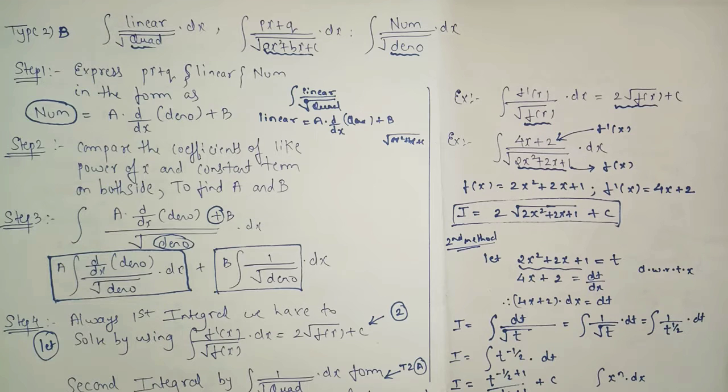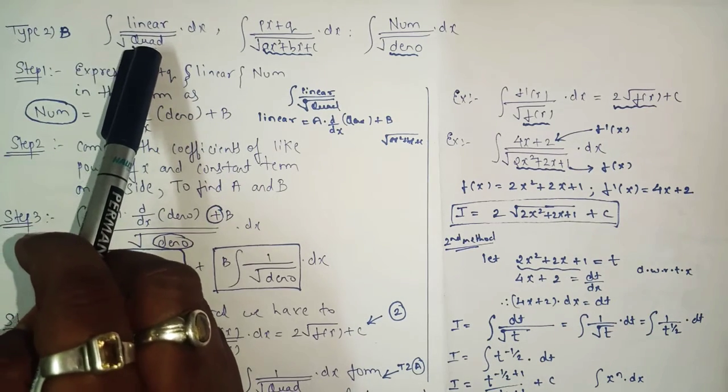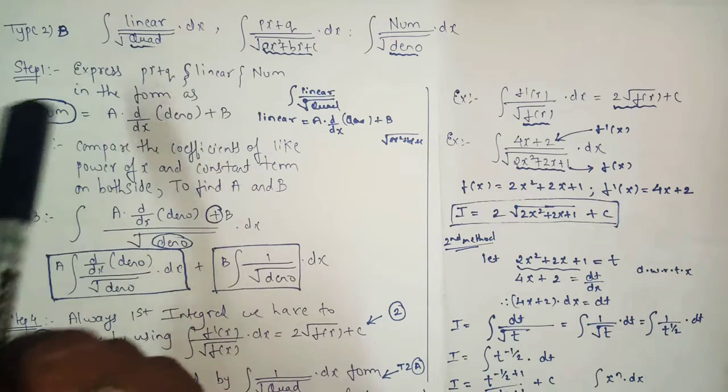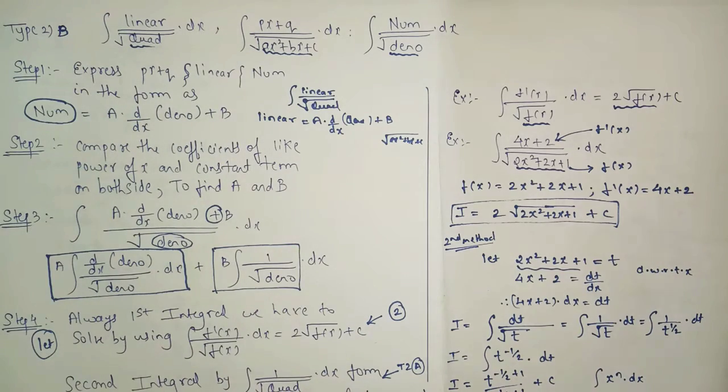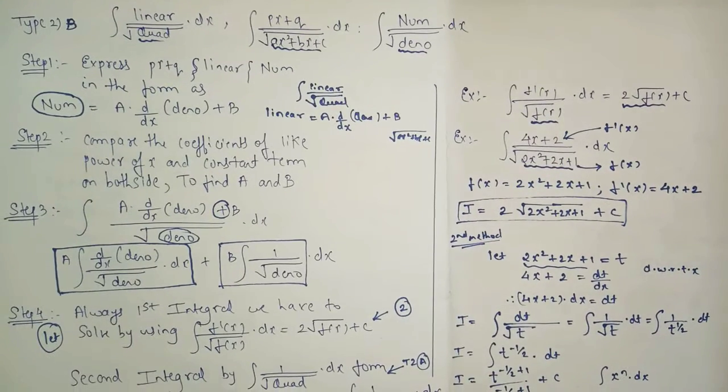So the difference between type number 1b and type number 2b is the denominator: in type number 1b it was quadratic and here it is root quadratic. And in both cases there are some steps which you have to follow and remember.